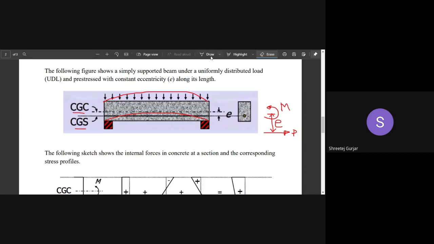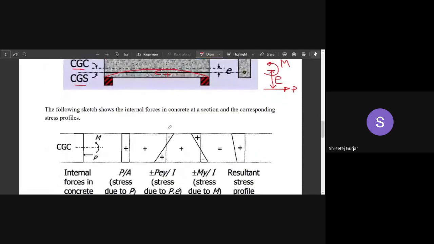So that will cause hogging of your beam, so that the loads which are coming, though they are balanced, I have explained in the concept of pre-stressing. Because of that, tensile forces are developed at your top fiber, denoted as negative, and compressive forces are generated at your bottom fiber, termed as positive. That is why at the top fiber it is negative and at the bottom fiber it is positive.